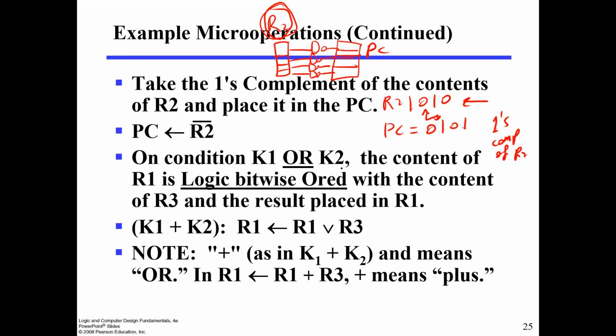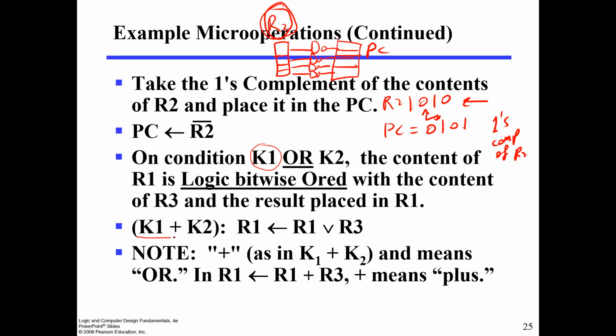Okay, as for the condition, a condition can be a single bit register. In the previous example, it was K1. But I can define a function as the condition which will evaluate either true or false, and depending on the evaluation we will apply whatever operation we have.